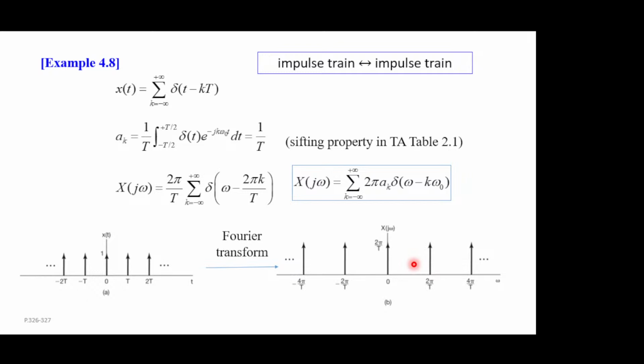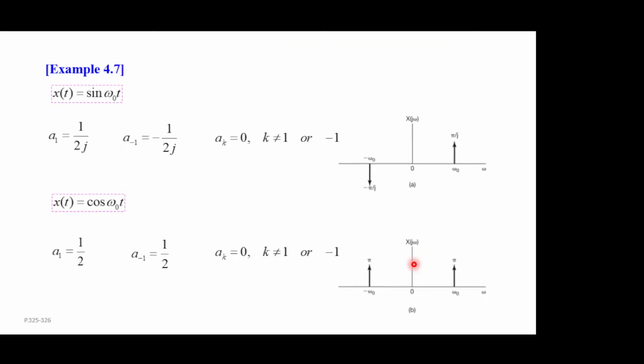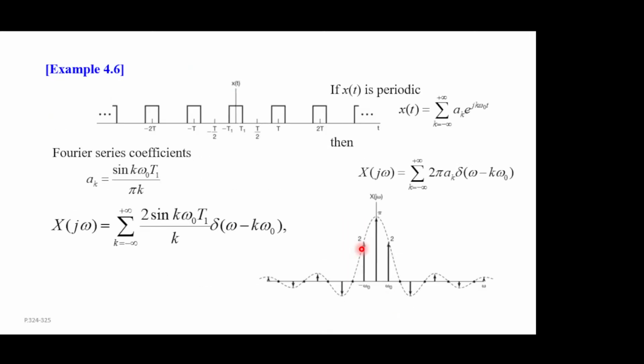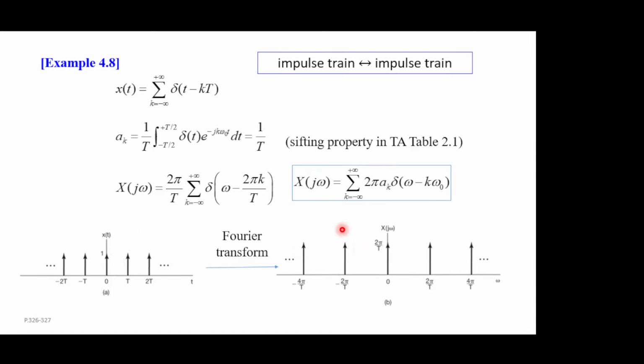Yeah, and I believe this is the example. So this has a lot of symmetry. The impulse train is periodic, and it's also a linear combination of delta functions, and then we see the Fourier transform is also periodic.